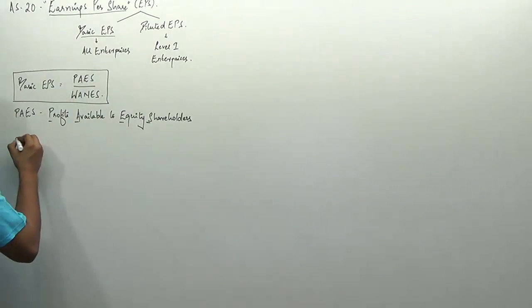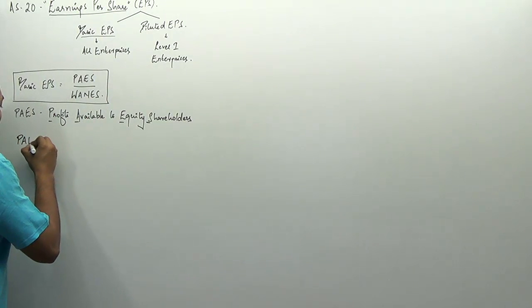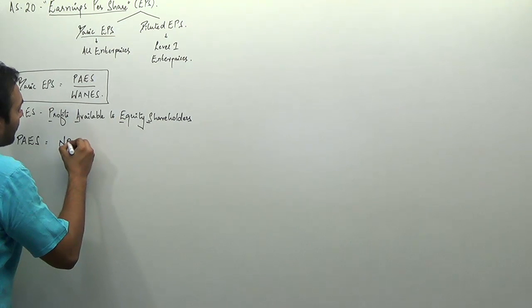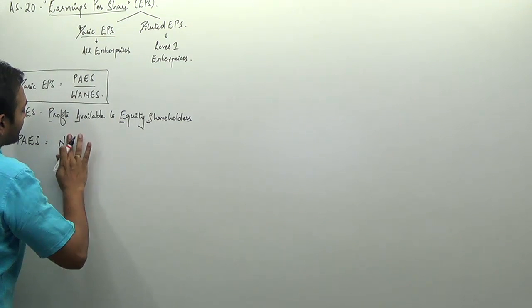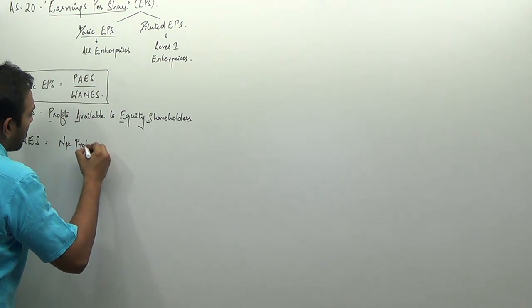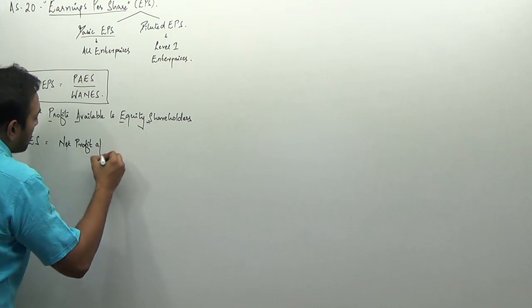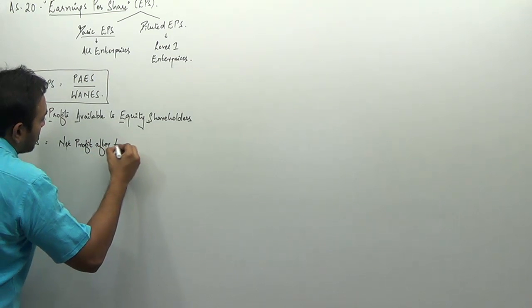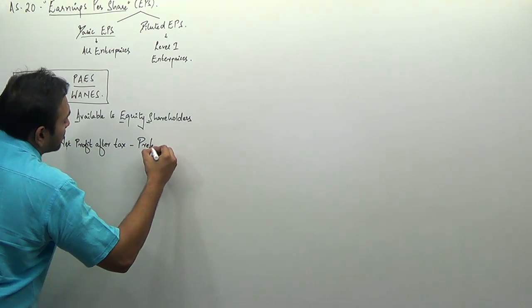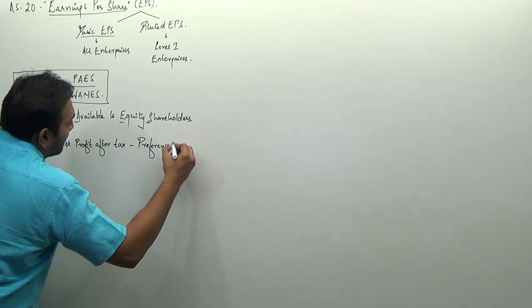So how do I calculate PAES? Profits available to equity shareholders is equal to net profit after tax reduced by preference dividend.